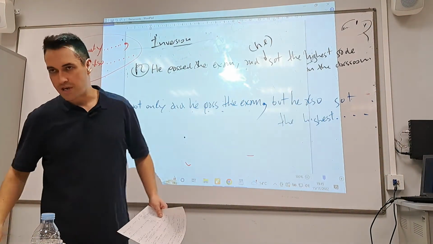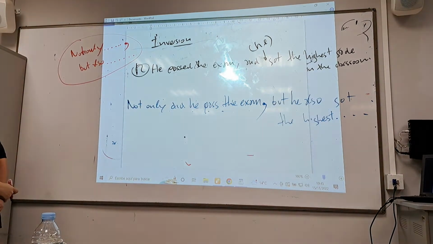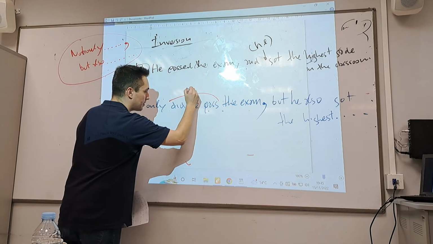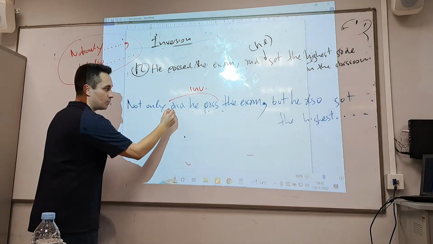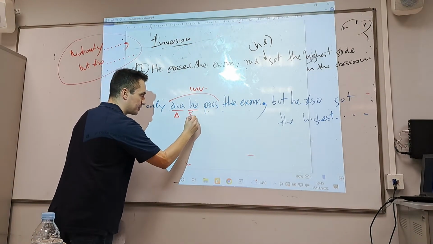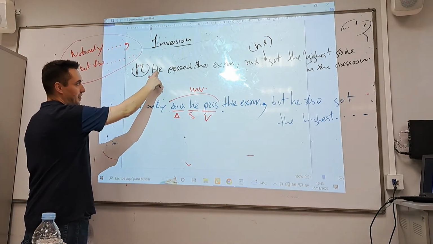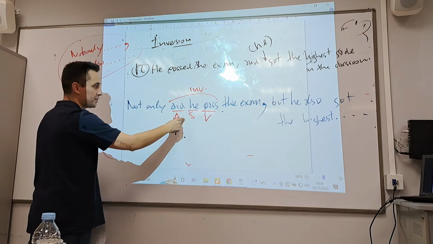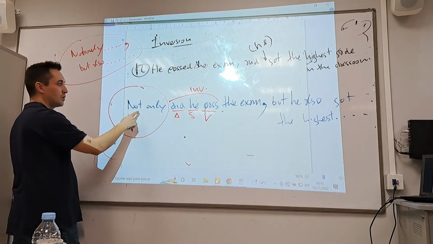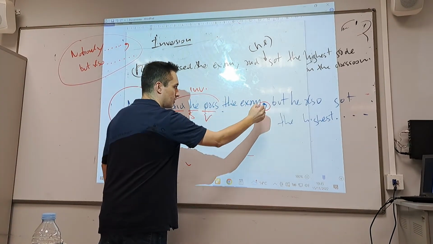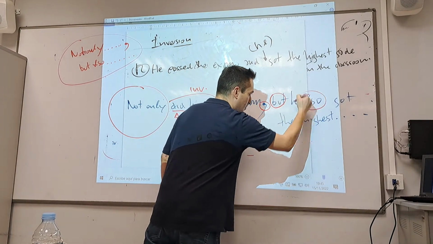So where is the inversion? Did he pass? Here there is an inversion. Why? Because we have the auxiliary, the subject, and the verb. We don't have any auxiliary here. He passed the exam. This is an inversion with the structure not only, comma, but also.